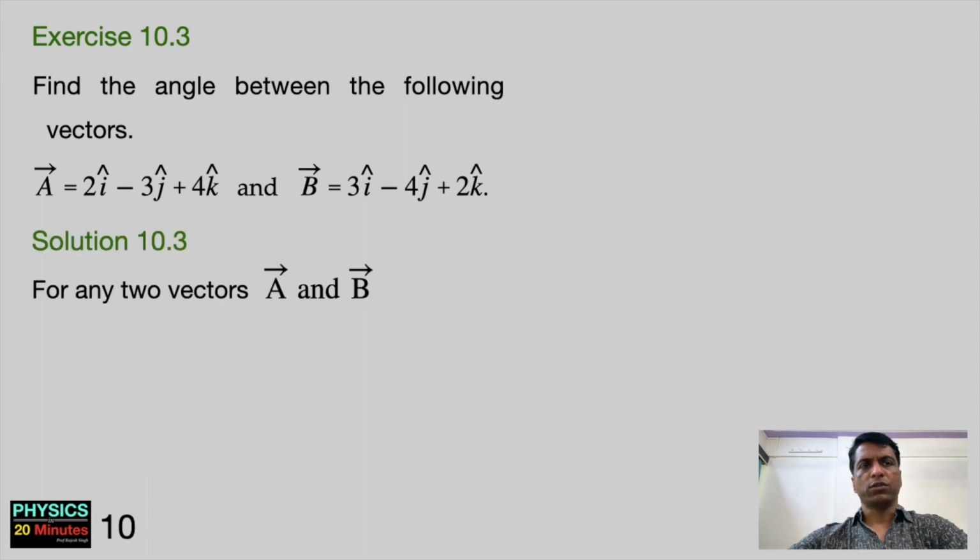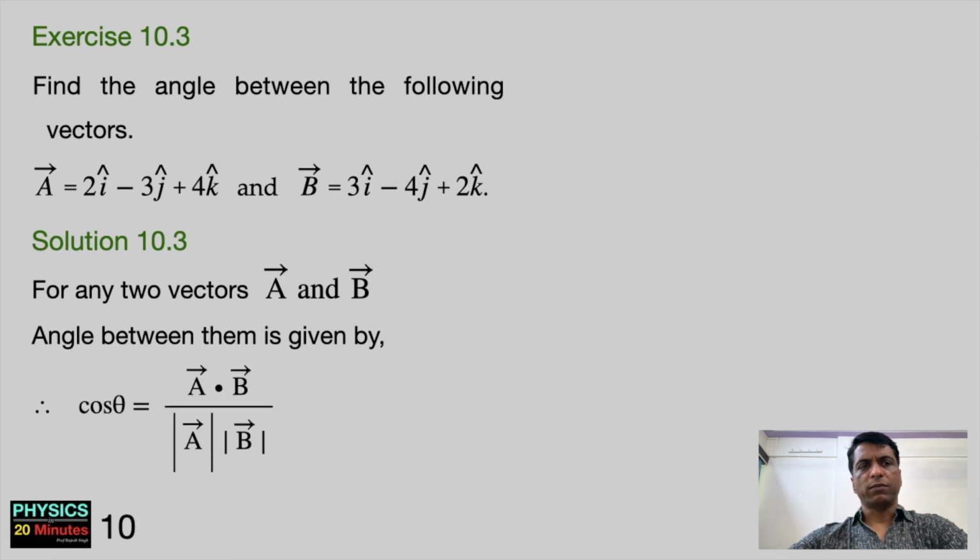Here goes the solution. For any two vectors A and B, the angle between them is given by cos theta is vector A dot vector B upon mod of vector A into mod of vector B. So let's first find out vector A dot vector B. Vector A dot vector B will be ax bx plus ay by plus az bz.